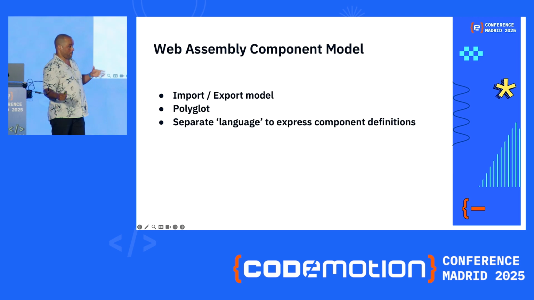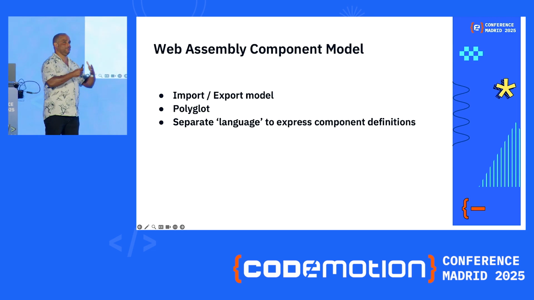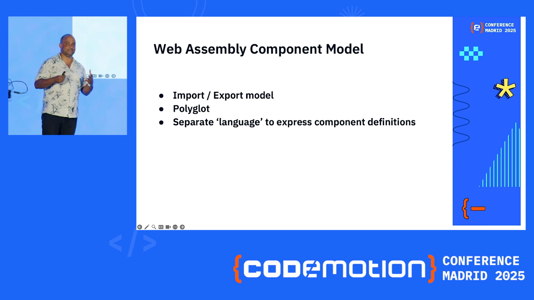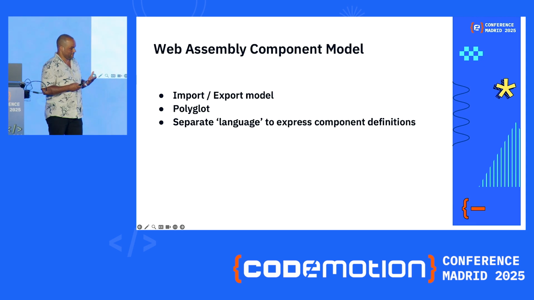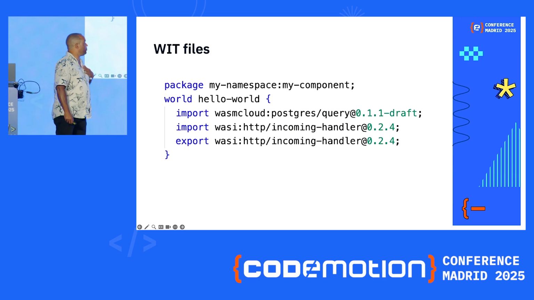And anything you can compile to that, you don't care anymore which language it came from. So, because it's polyglot, you need a unified way to define what a component even is. And we do that in another format, and it's called WIT, WebAssembly Interface Types, I think.